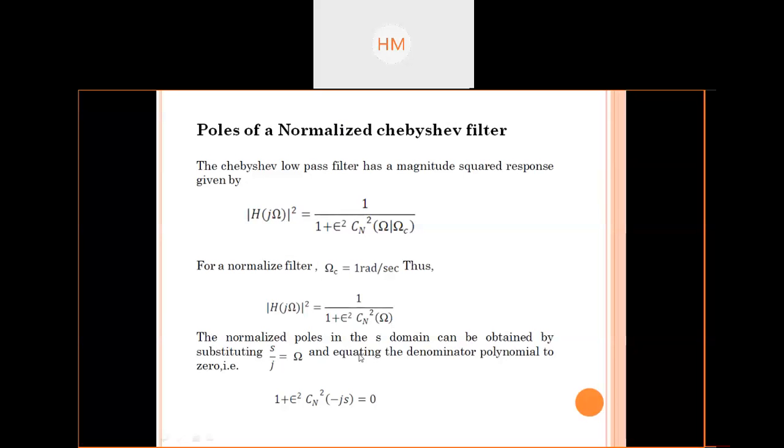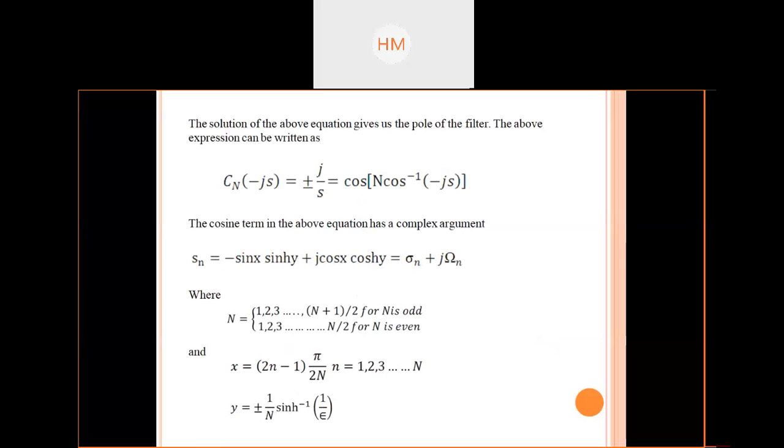So finish writing down this. The normalized poles in the S domain can be obtained by substituting s by j omega and equating the denominator polynomial to 0: 1 plus epsilon squared Cn squared of minus js is equal to 0. Next, the solution of the above equation gives us the poles of the filter.